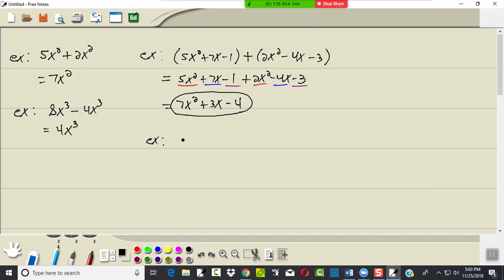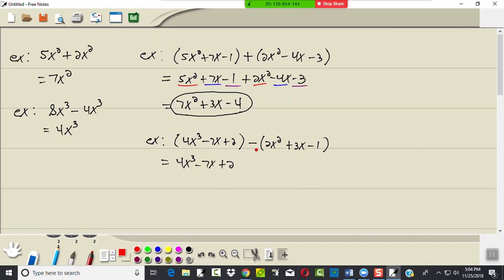Now subtracting is very similar to that. We still get rid of the parentheses. This first set of parentheses isn't doing anything. So I've got 4x to the third minus 7x plus 2.